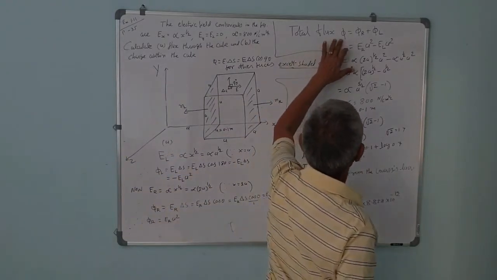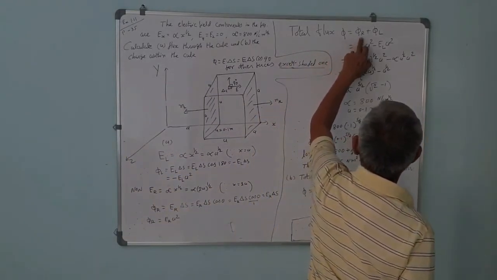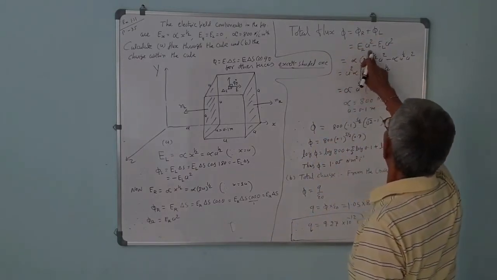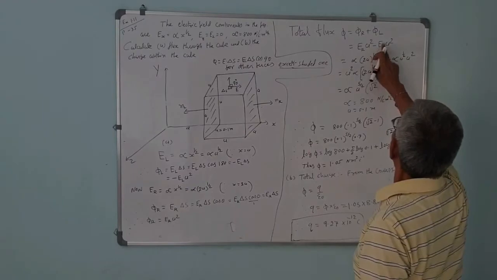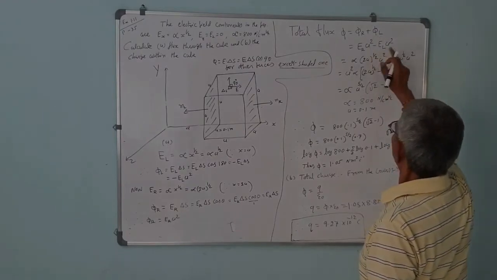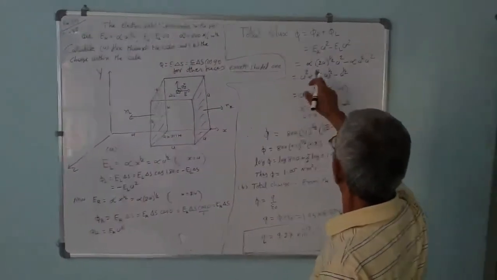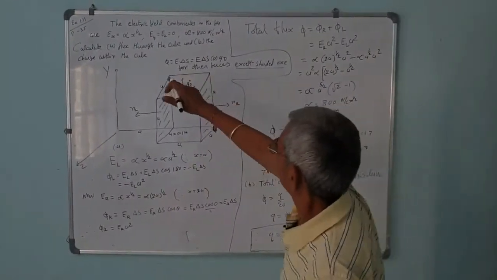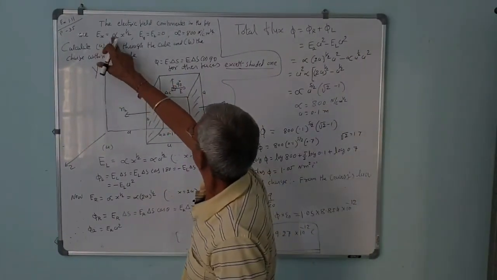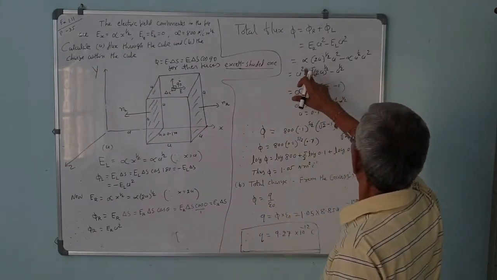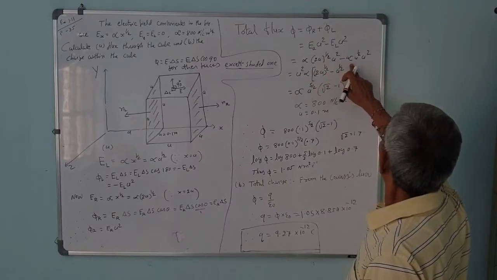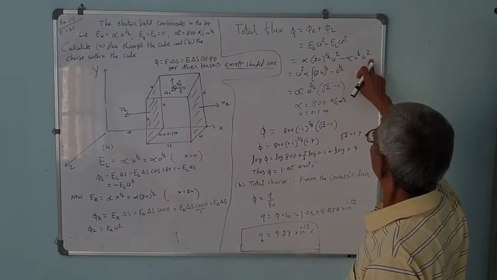The total flux phi is equal to phi right plus phi left. Phi right is ER A square minus phi L is EL A square. Now put the value of the electric field as given. So it is equal to alpha (2a) raised to half A square minus alpha a raised to half A square.